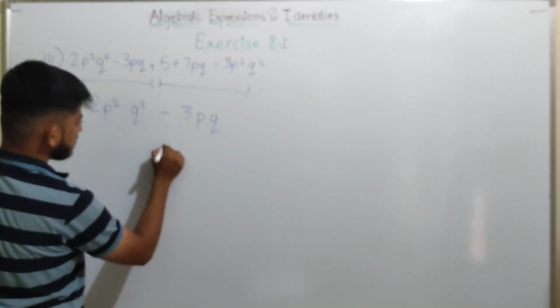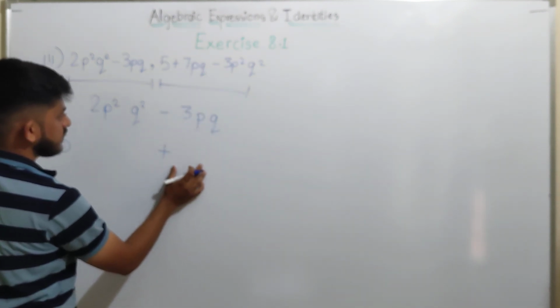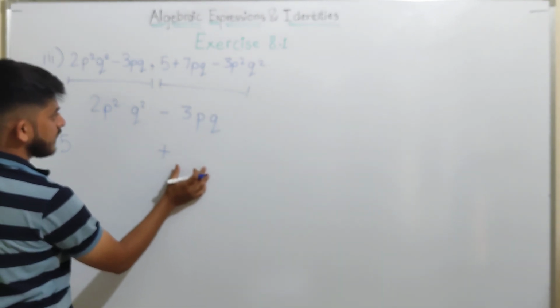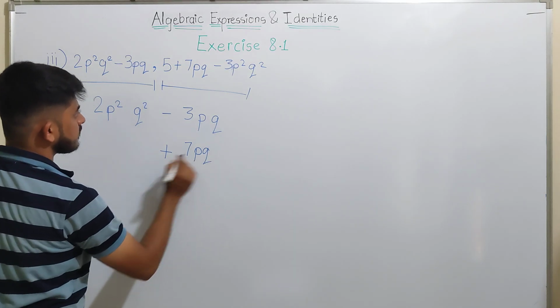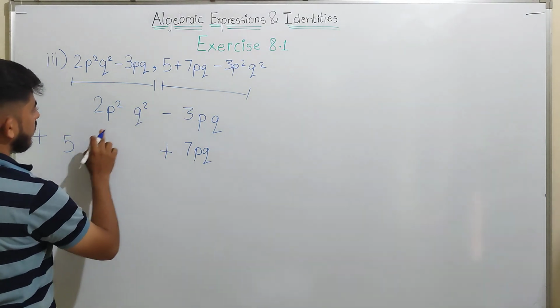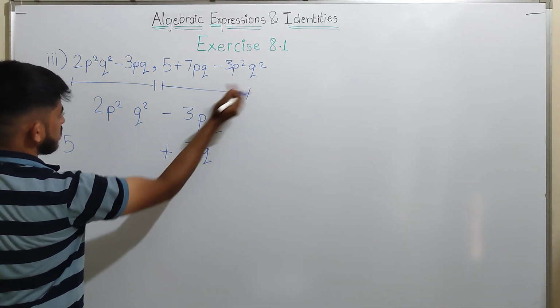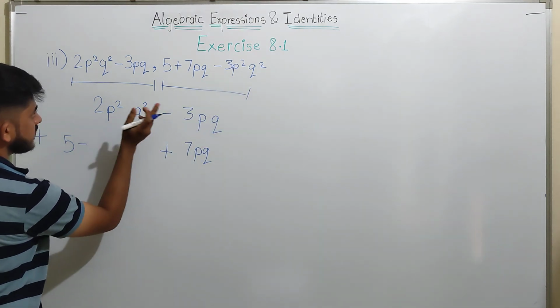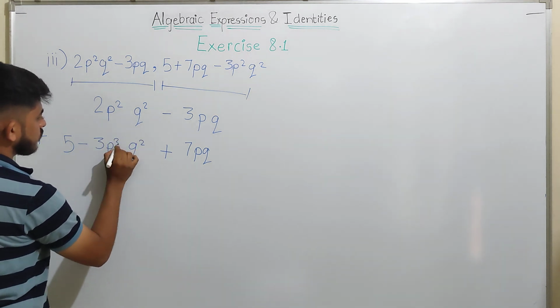So I'll write 7pq under this minus 3pq, so that it will be easy for me to add this, right? Okay, so do I have 2p²q²? Yes, I have minus 3p²q². So I will write it as it is.